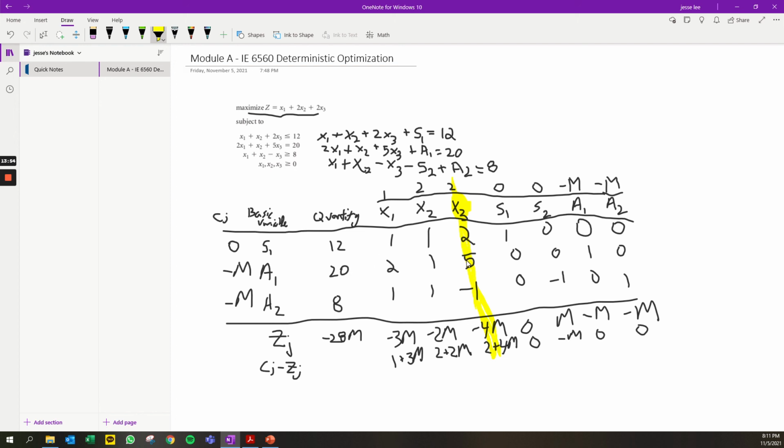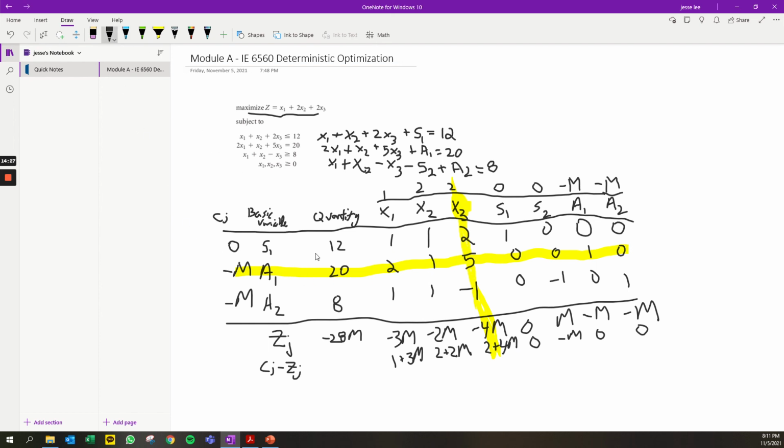20 divided by 5 is 4, and 8 divided by negative 1 is negative 8. Now, notice that negative numbers are not counted and zeros are not counted. So this we can automatically eliminate. The smallest number out of these 2 rows will be this row, because 4 is smaller than 6. So we've identified our column and our row.